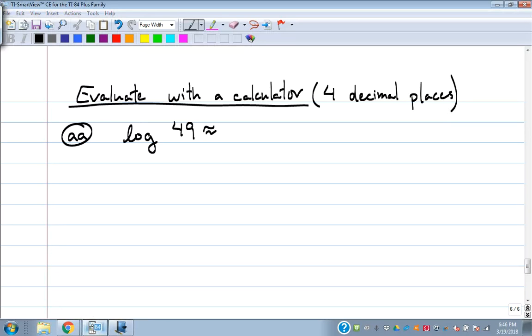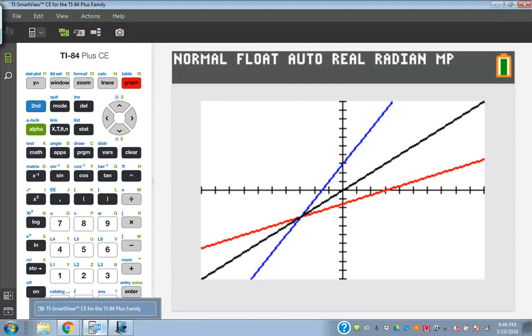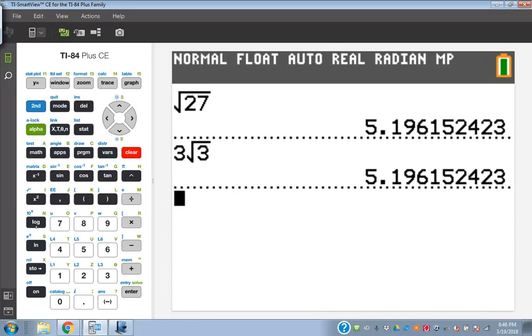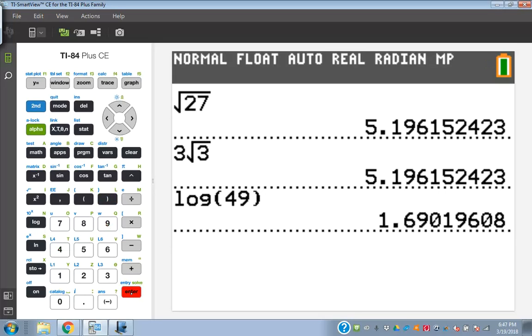On your graphing calculator, down here on the left-hand side, you've got a log button. That's log base 10. That's what I'm asking you to find here, log base 10 of 49. To find the log base 10 of 49, you hit log and then 49.